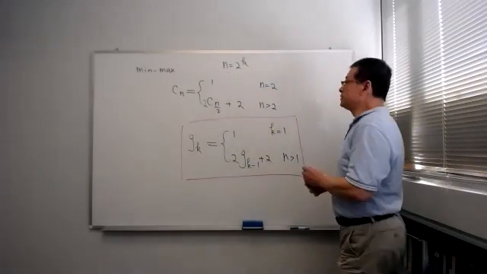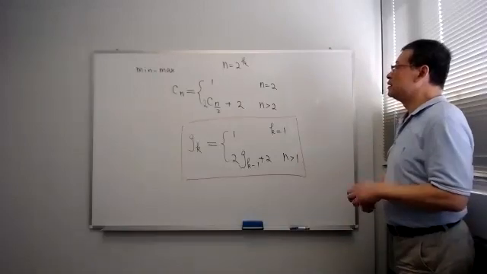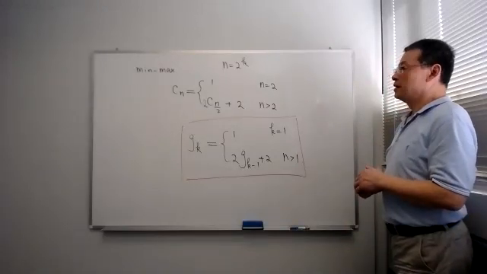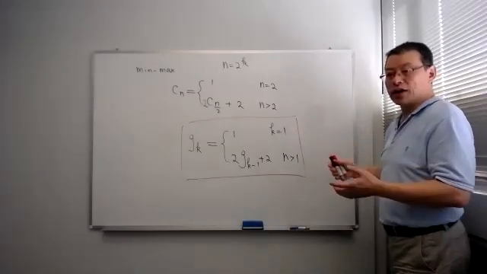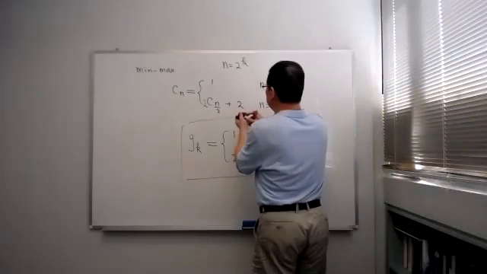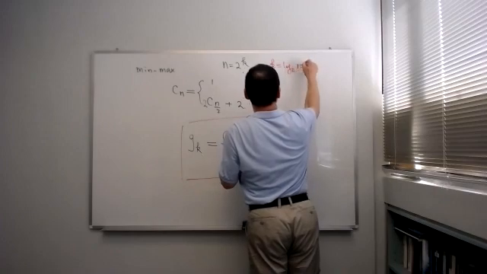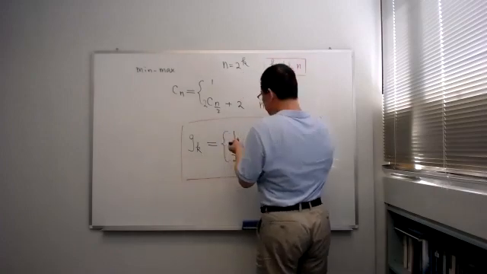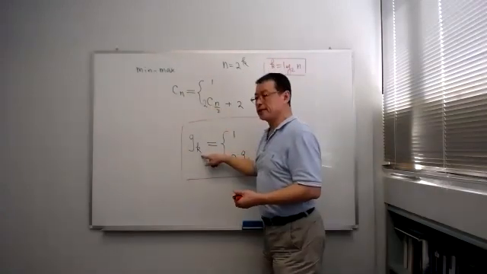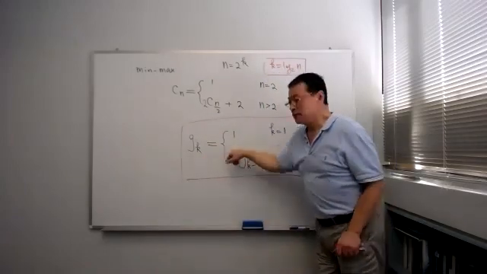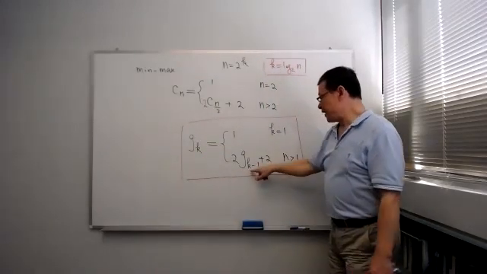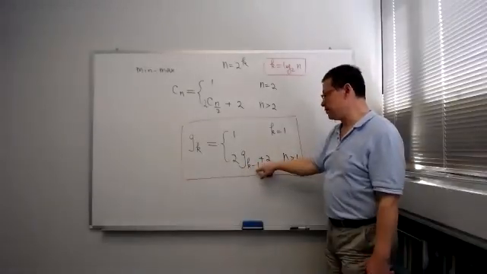So that's what we obtain. The relation is k equals log n. So instead of being based on n, now it's based on k. Now you see the recurrence is a linear combination of the previous term, g(k minus 1).